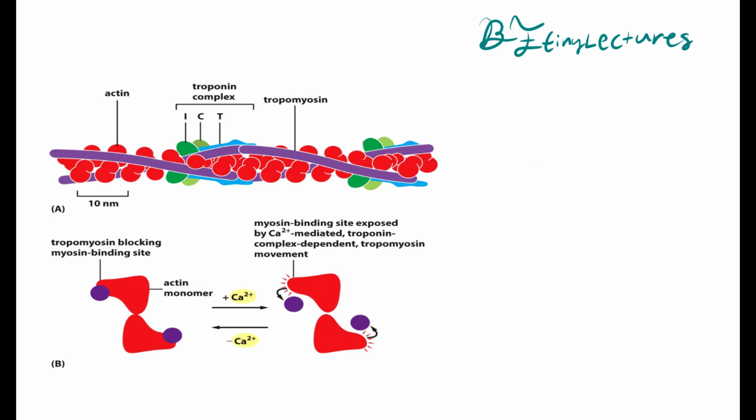When we are resting and we do not have muscle contractions, something is covering the actin, right? So what is covering the actin? It turns out that the tropomyosin covers the actin. So this covers the actin.